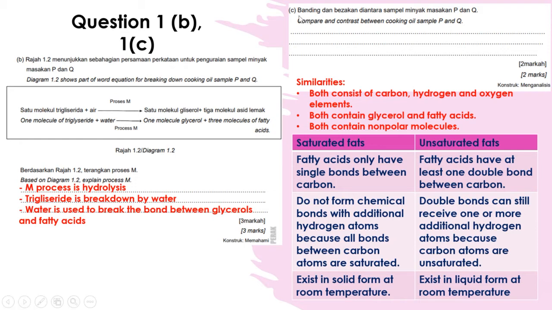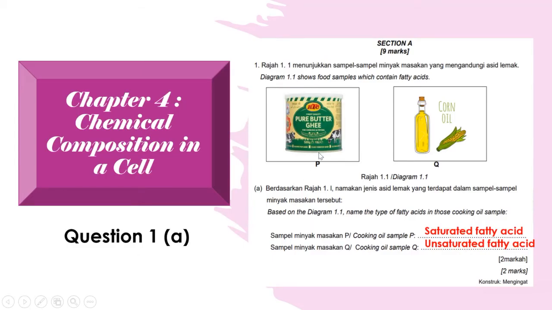Now we go to question C. Compare and contrast between cooking oil sample P and Q. You have to identify again what sample P and sample Q are.